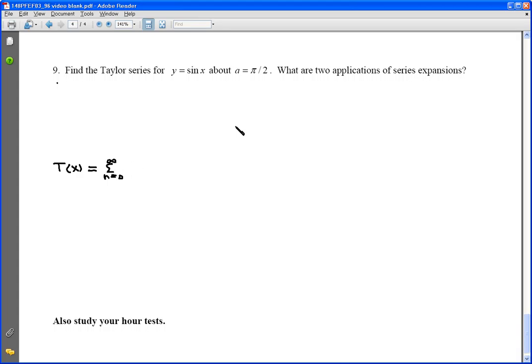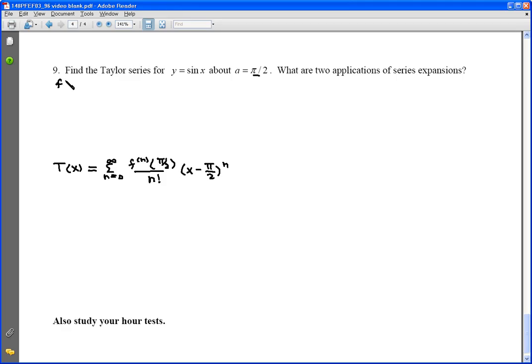We're doing it at pi over 2, so we're going to do our derivatives, f upper n, that's the nth derivative, at pi over 2, and then we divide by n factorial, those are our coefficients, and then times (x minus pi over 2), because this series is about pi over 2, to the nth power. So that's what we want to write out. So we have to find out the expression for these nth derivatives at pi over 2.